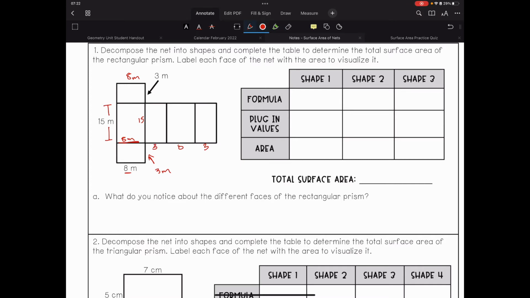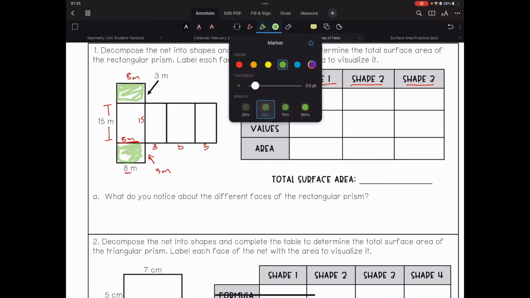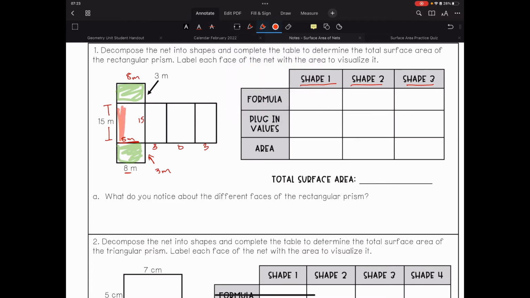Okay. Let's go ahead and find the areas of each individual rectangle now. So shape 1, shape 2, and shape 3. Well, we have 3 different size rectangles, right? We have these smaller rectangles here. We have this larger rectangle here and here.